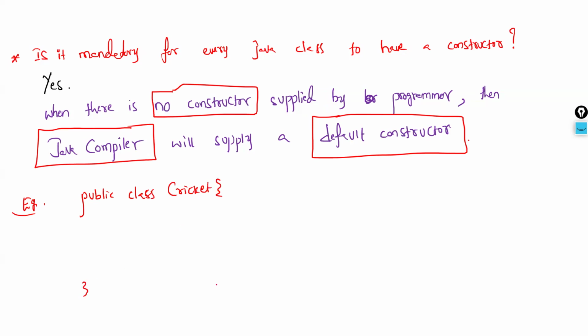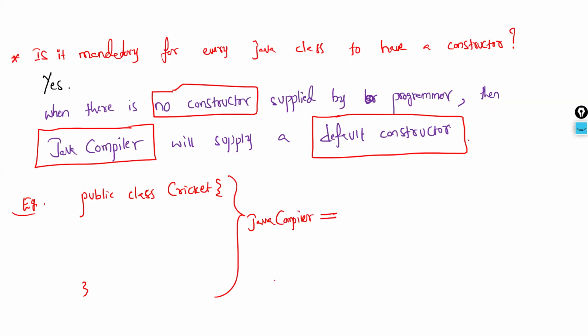That's it. As a programmer, I'm writing this much only. Then what will the compiler add to this? Am I writing any constructor code? No, the programmer is not giving any constructor code. So when this code is compiled, what will the Java compiler add to this?